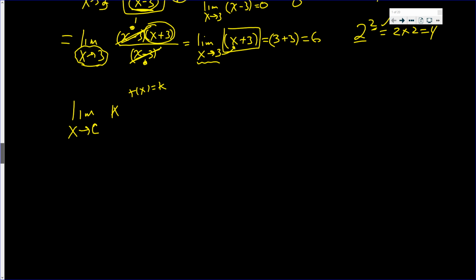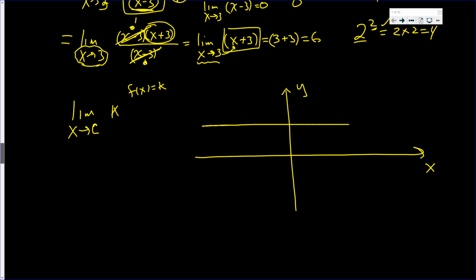Well, how does that function look? Remember, f of x is y, so y is always the same number. What's the y value here? Just look to the right. It's that number, say k.